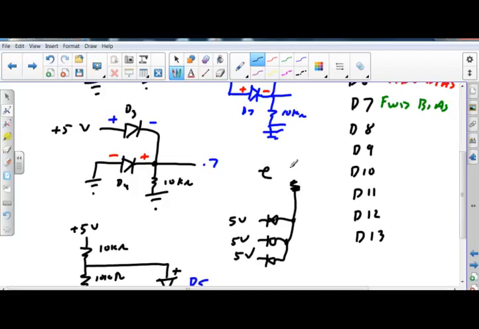Uh-oh, maybe not. 5 volts, and I have something coming out this way. V6. All right, well, I have 5 volts on this side, and I have 5 volts on that side. So I'm neither forward nor reverse biased. Neither.